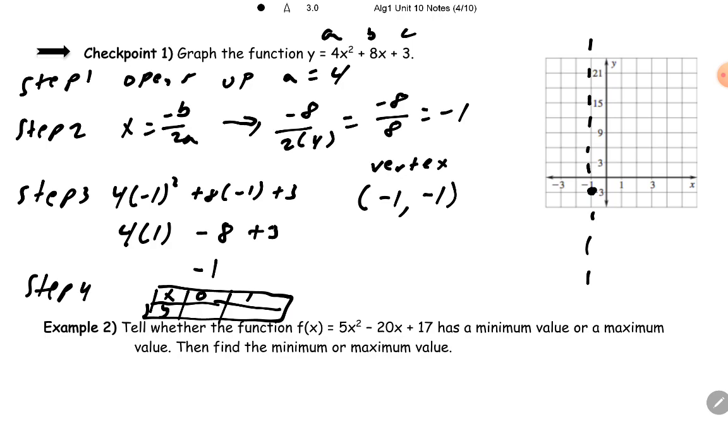Okay, when I plug these in, I'll get 3, and I'll get 15 for this one. So 0 and 15, and then go to the other side, make it symmetrical, draw it through, done.